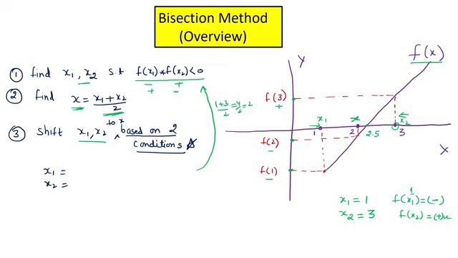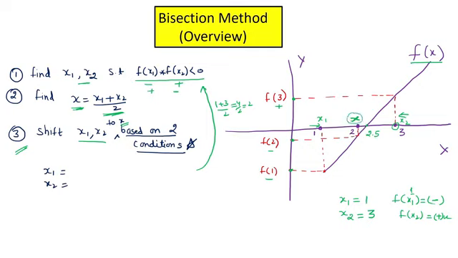Now I can stop here after finding this midpoint, and I will say this x is the root of this equation. And if somebody says please continue further, I will go to the third step and change x1 and x2 to this x based on some condition that we will see later on. So this method says either change x1 or x2 to this x point based on some condition.